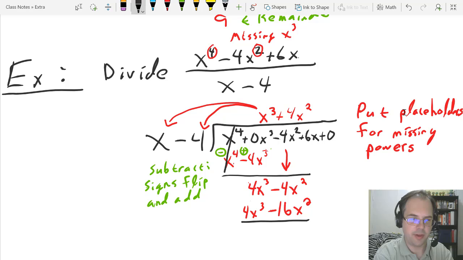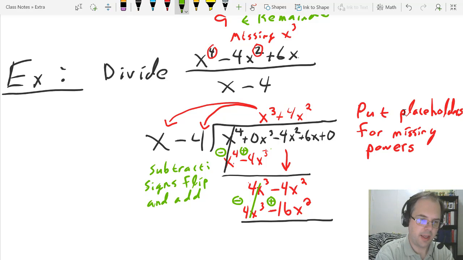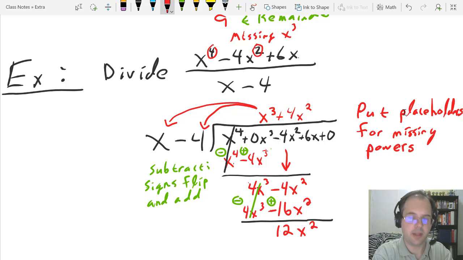Okay, so we repeat the process over again. We do subtraction, which causes the signs to flip. So our positive 4x cubed turns into negative. Our negative 16 turns into positive. And now we'll add them with the terms up above. This causes these to cancel, as we did last time. And then you'll have plus 16 added with negative 4x squared. That would leave you with 12x squared. Okay, and then you bring down the 6x and go on from there.